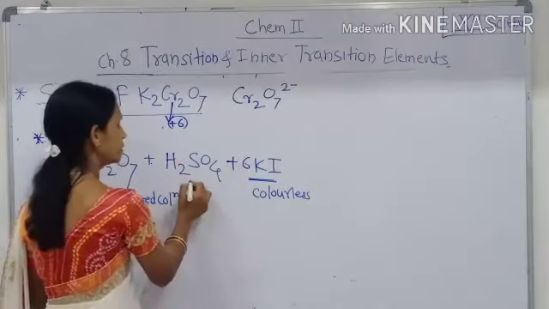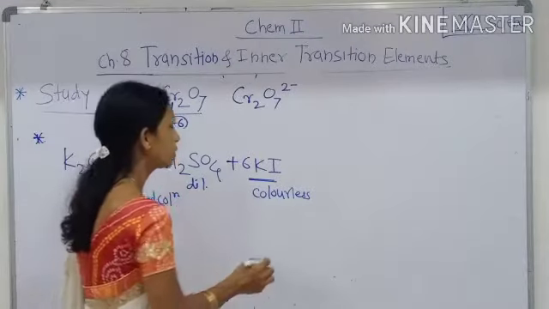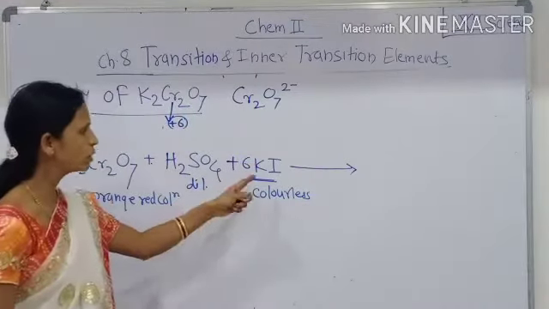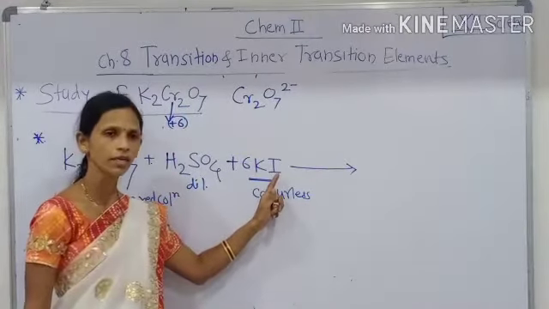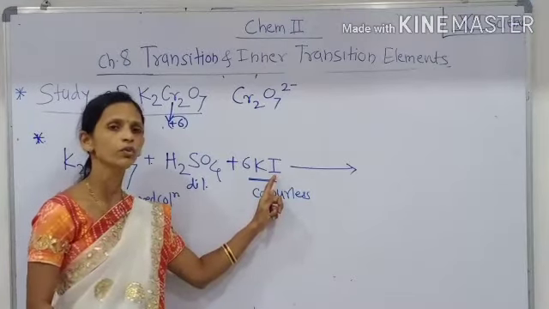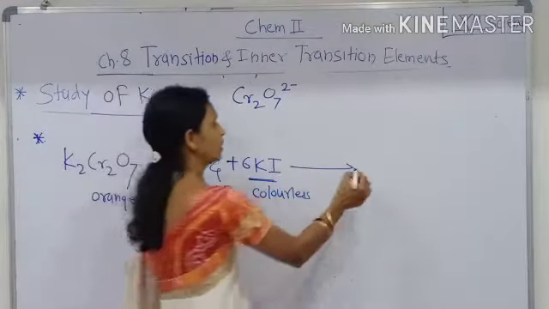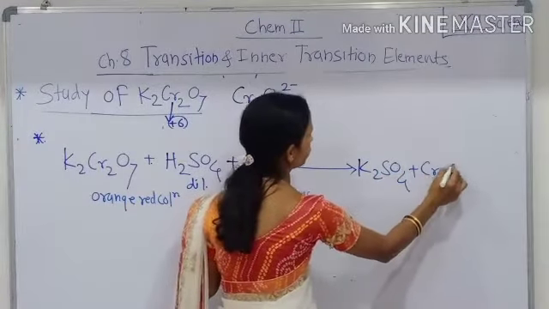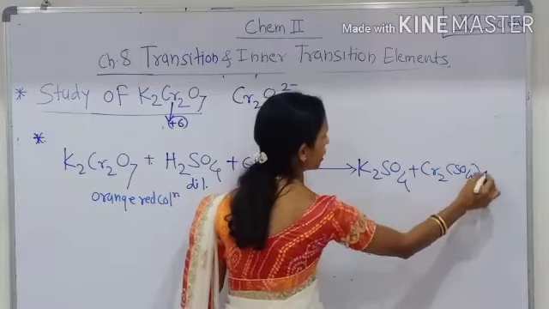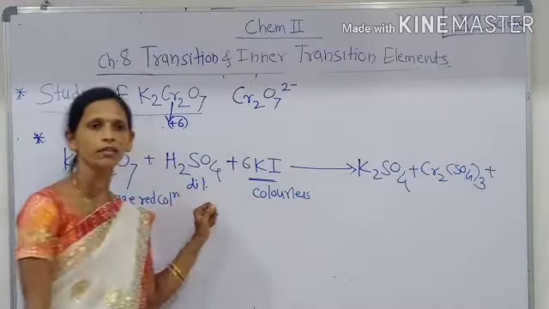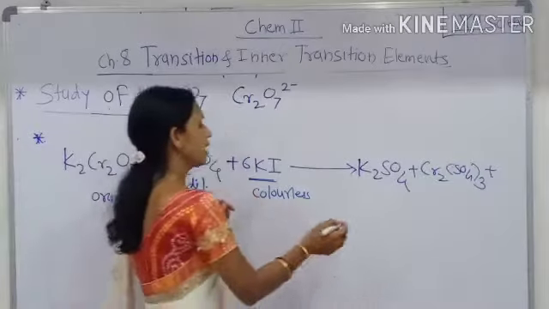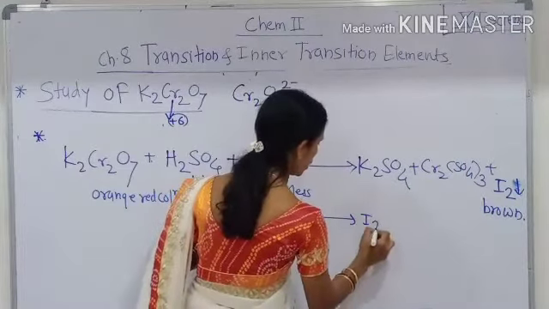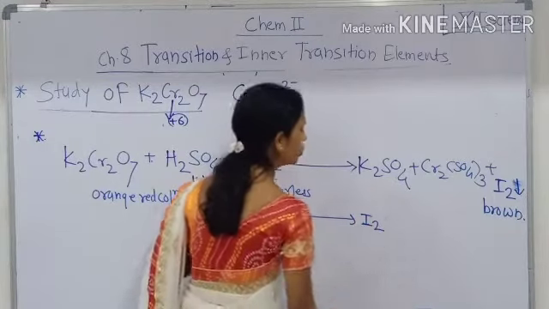In acidic K2Cr2O7, that is potassium dichromate, it oxidizes the I minus ion from KI and converts it into K2SO4, Cr2(SO4)3, and the iodide ion present in KI gets oxidized into molecular iodine.